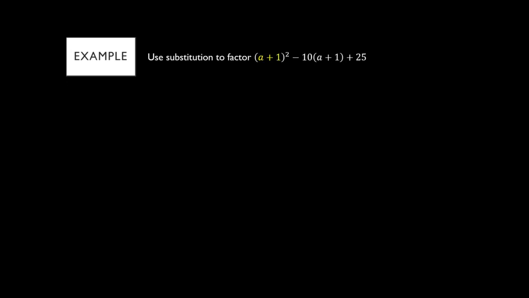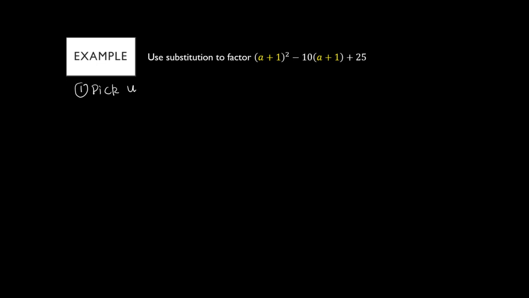So you're going to want to use this substitution, and you're looking for, again, what's in common here. And we've got this a plus 1. That's what's in parentheses, that's what's in common. So that is what you want to use as u. So step 1, pick u.